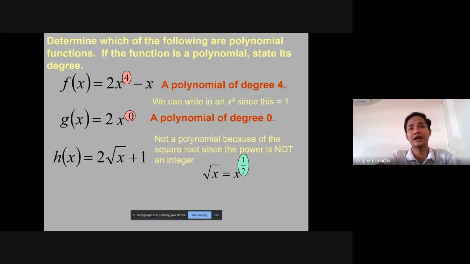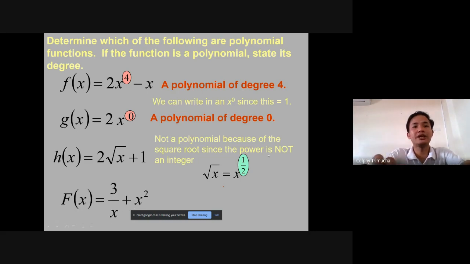So if we have a radical sign sa aton nga equations, then we have to say na this one can be converted into a fractional exponent. So ang fractional exponents is not considered a polynomial. So kay hambal naton, we have an integer na negative integer. So this one, hindi siya naton makonsider in the integer nga form.